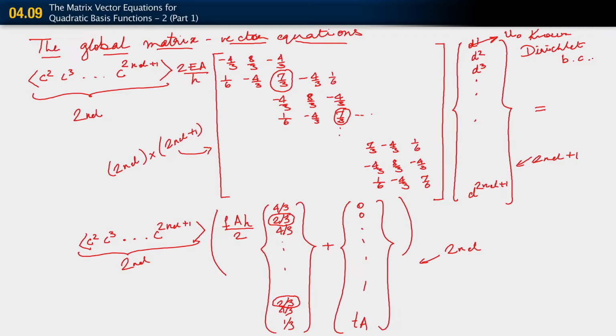Since it's known, what we can afford to do is move it to the right-hand side and really have it drive the problem. The way we go about doing that is to observe that that degree of freedom, D1, which is equal to U0, is the one that multiplies out this column of our matrix.